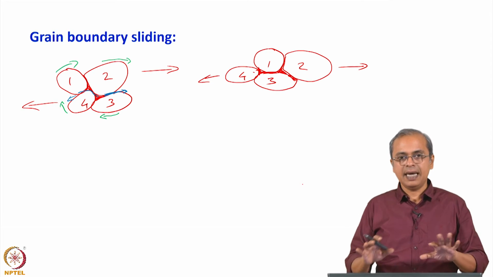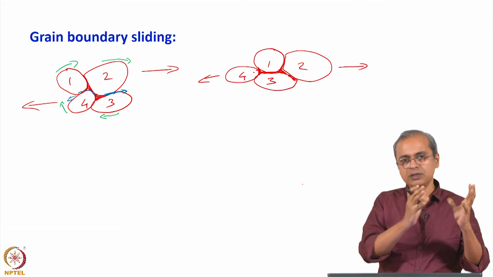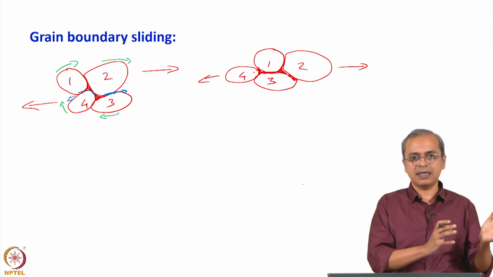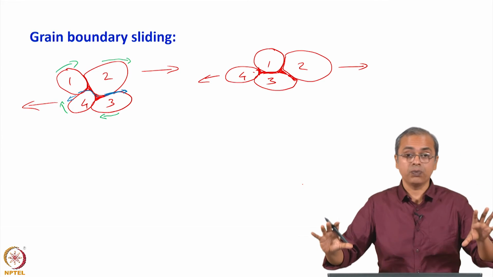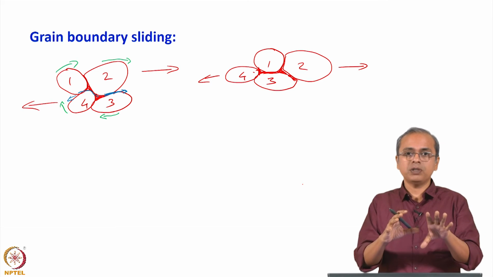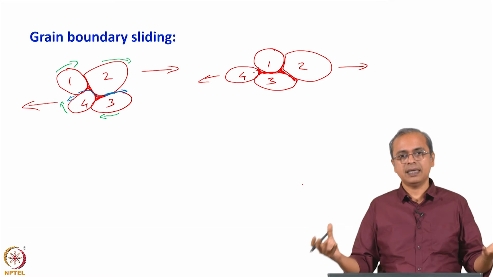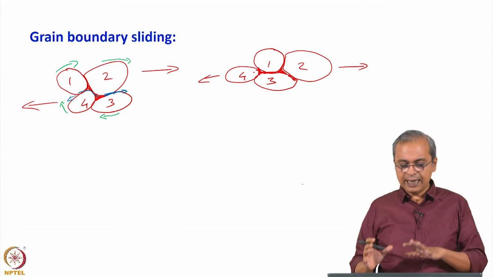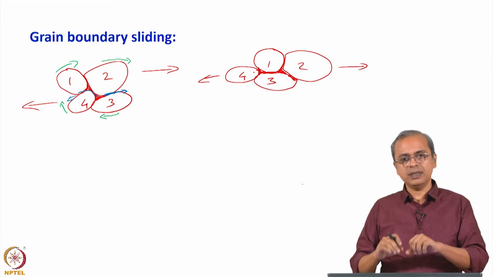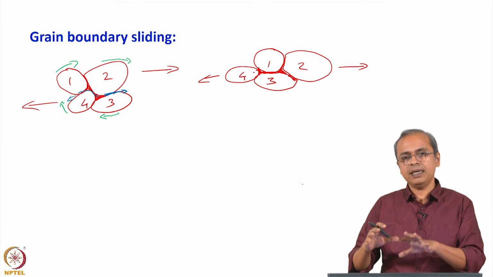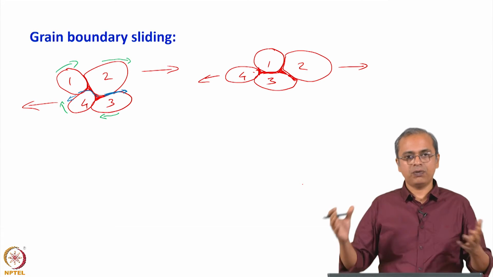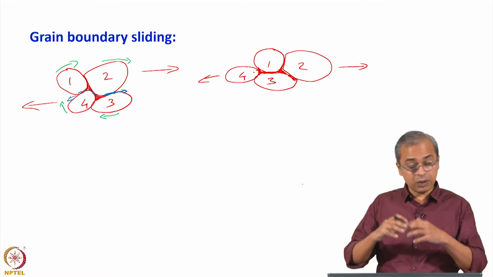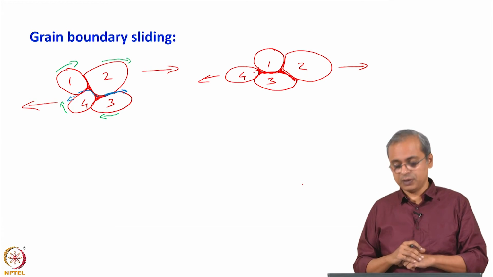As a result of this repositioning, a bunch of grains have shifted one way, a bunch of grains have shifted the other way, and overall material has moved internally in the sample, and because material has moved internally, you see an external deformation. And it turns out that when you make the grain sizes smaller, the potential for the material to show this kind of rearrangement of grains becomes much more significant.